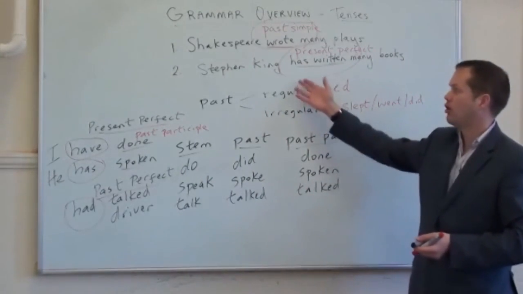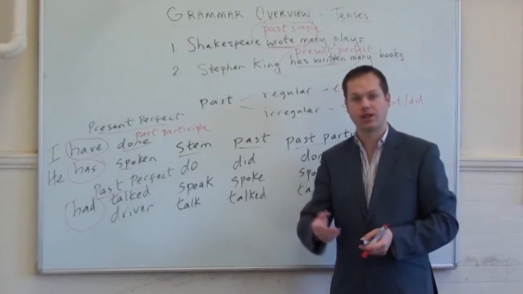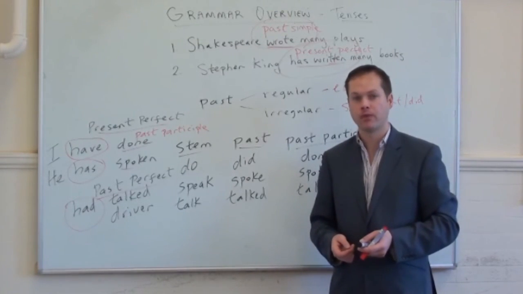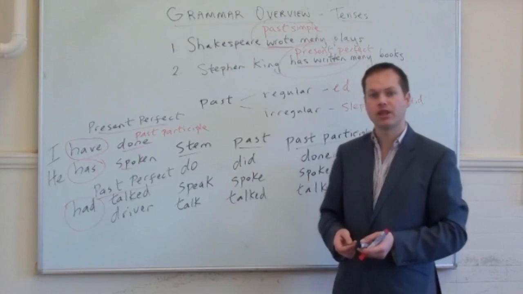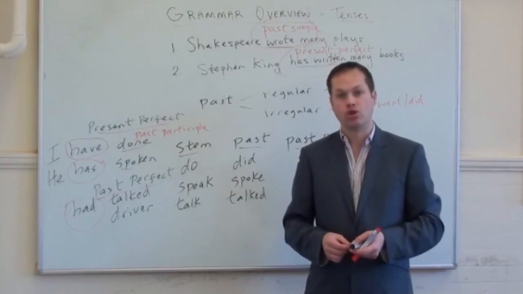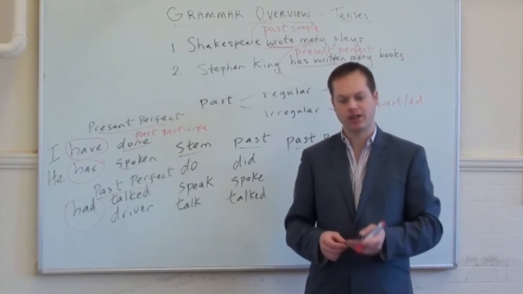Now, I mentioned earlier that we use the present perfect when we're talking about actions that started in the past and continue now, or continue to have an effect now. So if I give you a sentence like this, if I say, John has had an accident. John has had an accident.